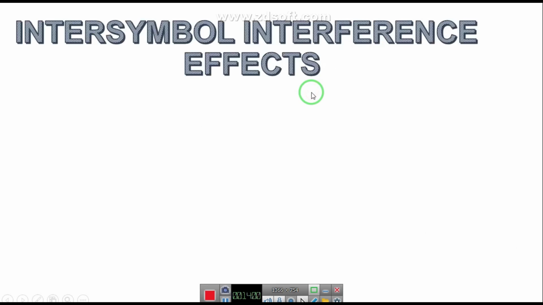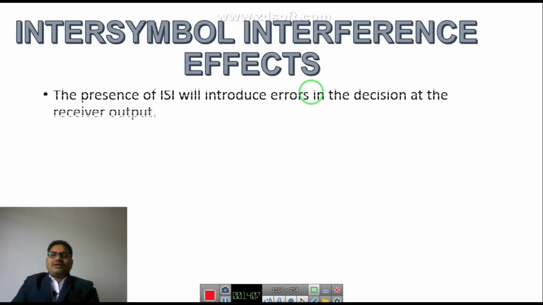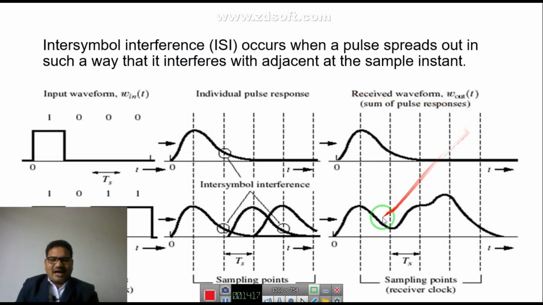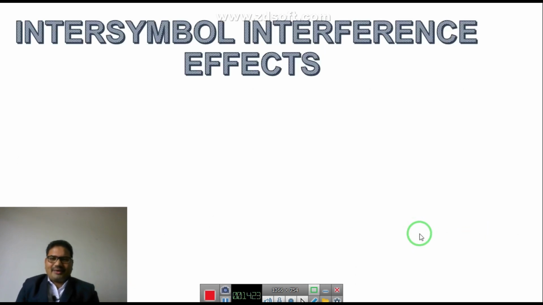Now, what are the effects of intersymbol interference? The presence of ISI is going to introduce errors in the decision at the receiver output, because on this graph you can see how it is going to recognize the received signal in a wrong manner.